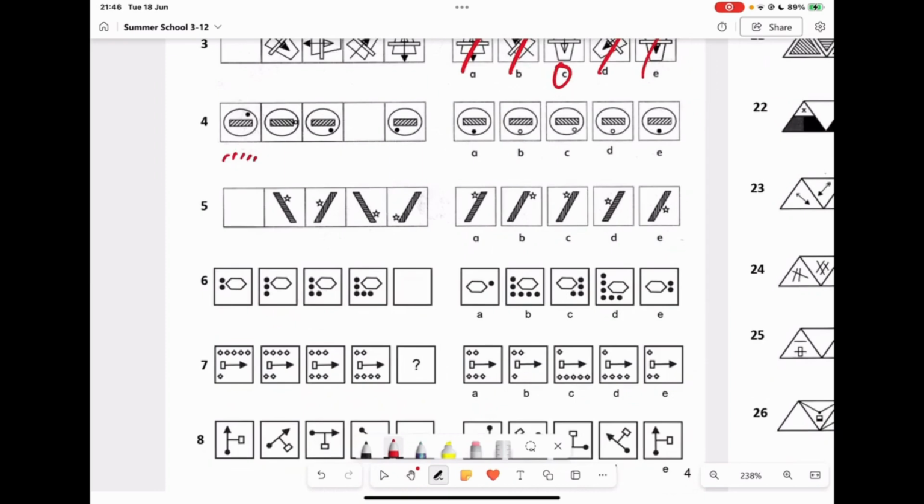Okay, question 4. We can see that the pattern of the lines is changing. So instead of moving from bottom left to top right, it's moving in the opposite direction and it's alternating between each shape. So we can expect it to be moving this way in our answer.